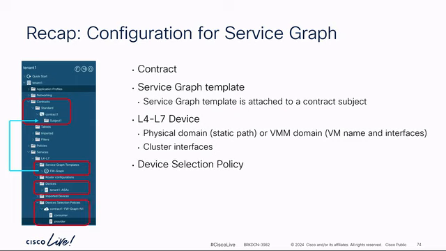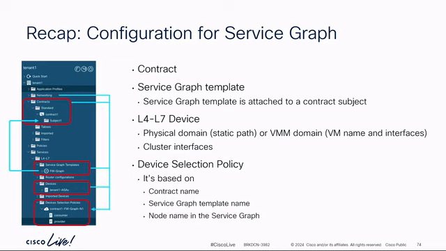Then you need to define a device selection policy, because depending on the configuration combination, let's say you have 4 firewalls, which firewall do we need to use? So we need to let APIC know when to use which device. It's based on contract name, graph name, and node name in the service graph. We need to select the bridge domain where this firewall interface is located, and so on.